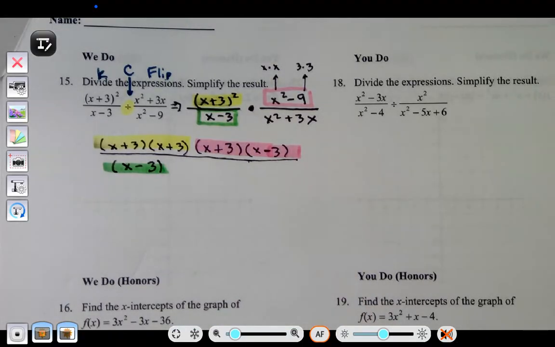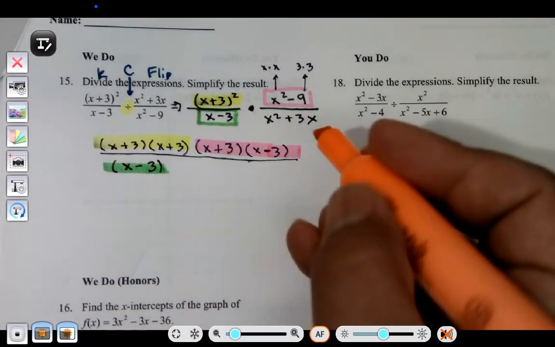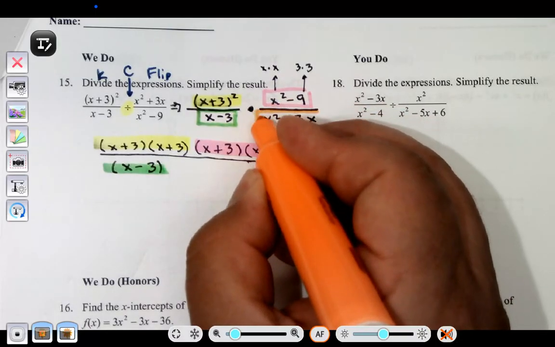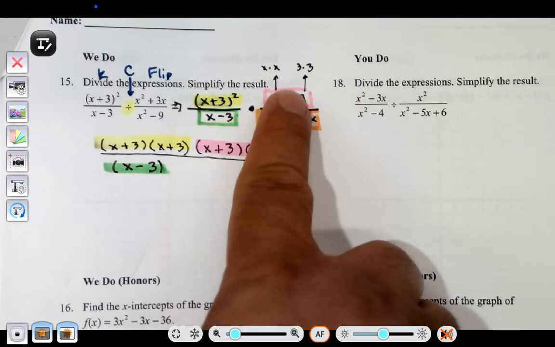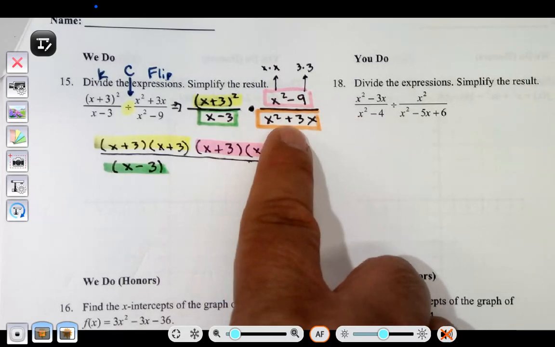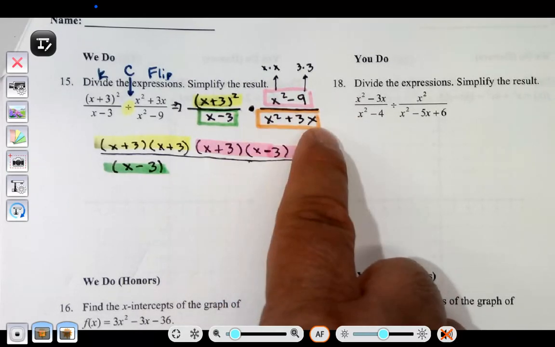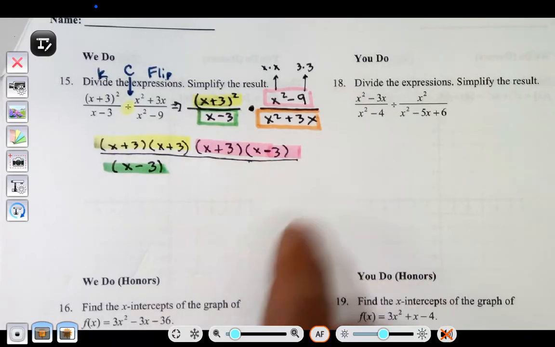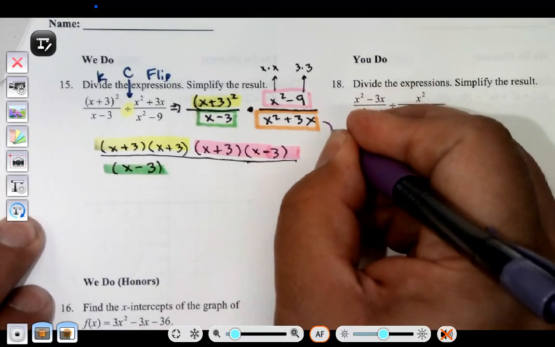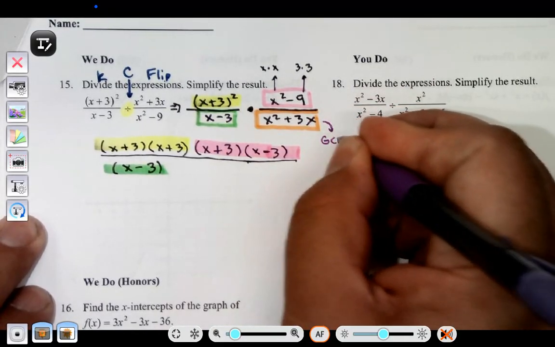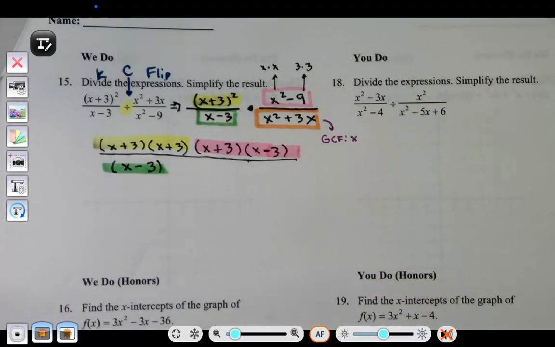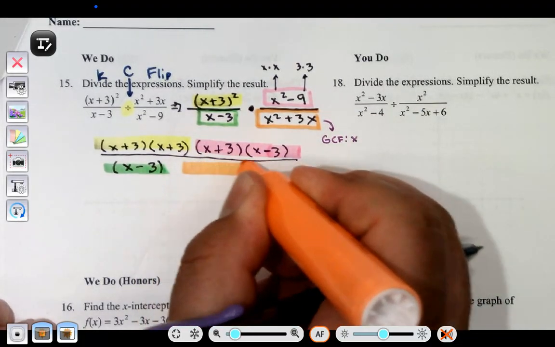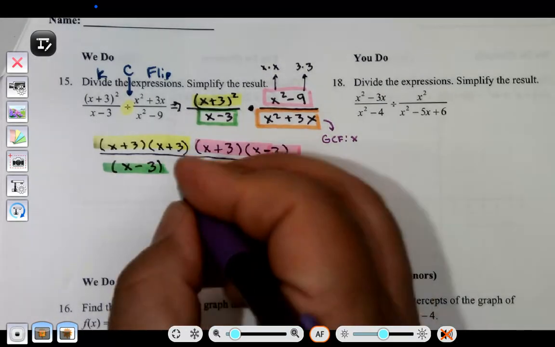Which brings me to the last one. When I look at this one right here, yeah, it has a power of 2. And it only has 2 terms like that one did. But notice, it does have an extra x. So for this one, it does have a GCF. The GCF is x itself. So when I write it down over here at the bottom, remember all of this goes at the bottom now.